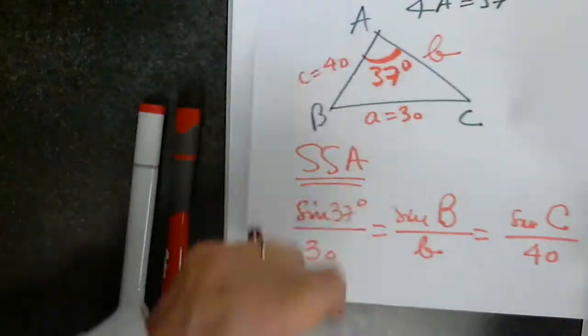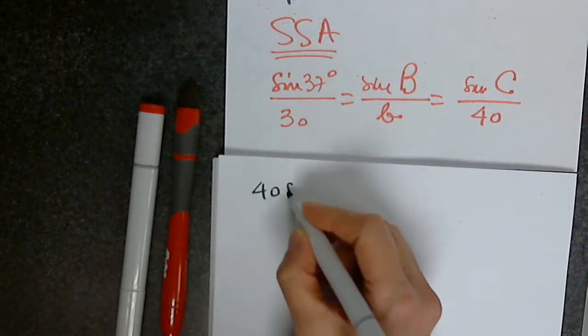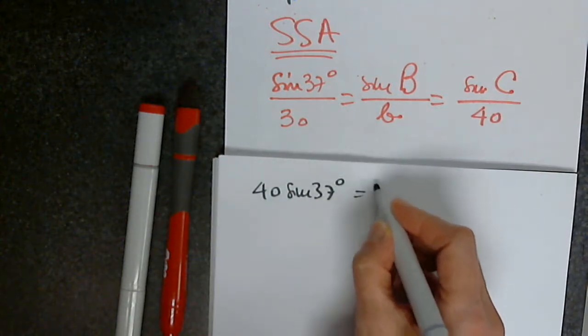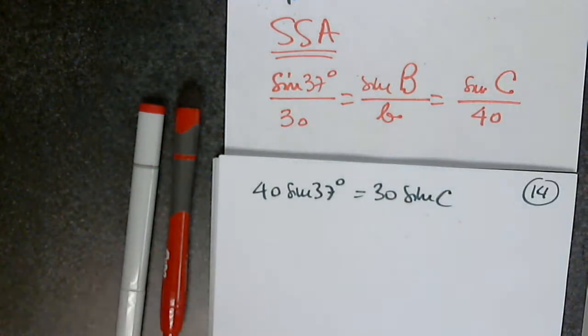So 40 sine 37 equals 30 sine C. What can I determine from here? What the angle is, exactly. I have to find sine C first.